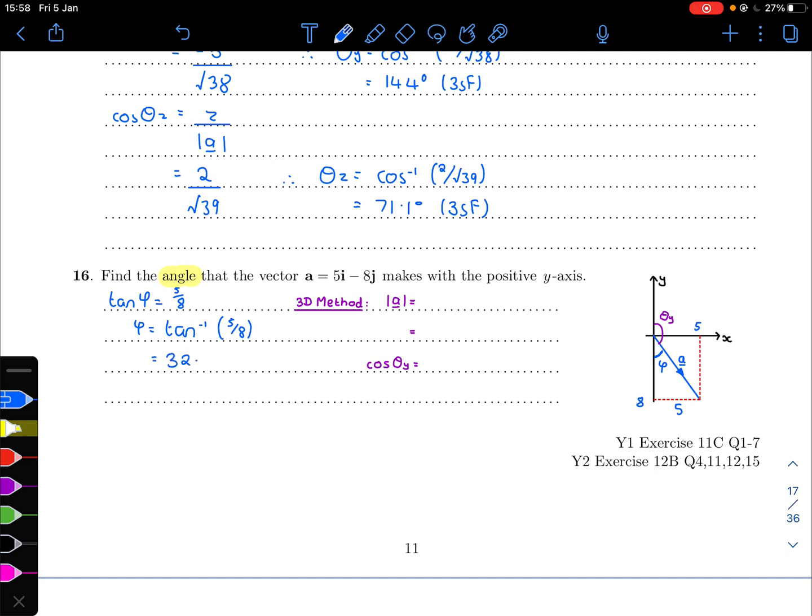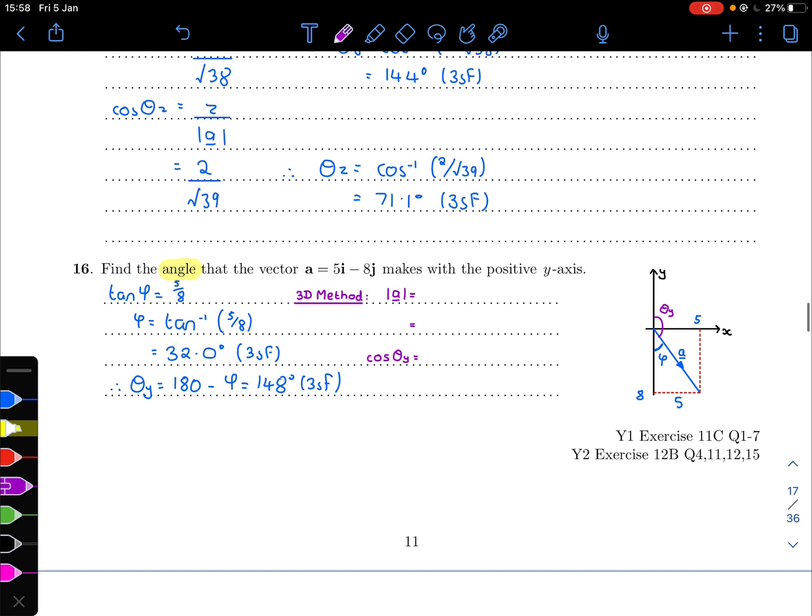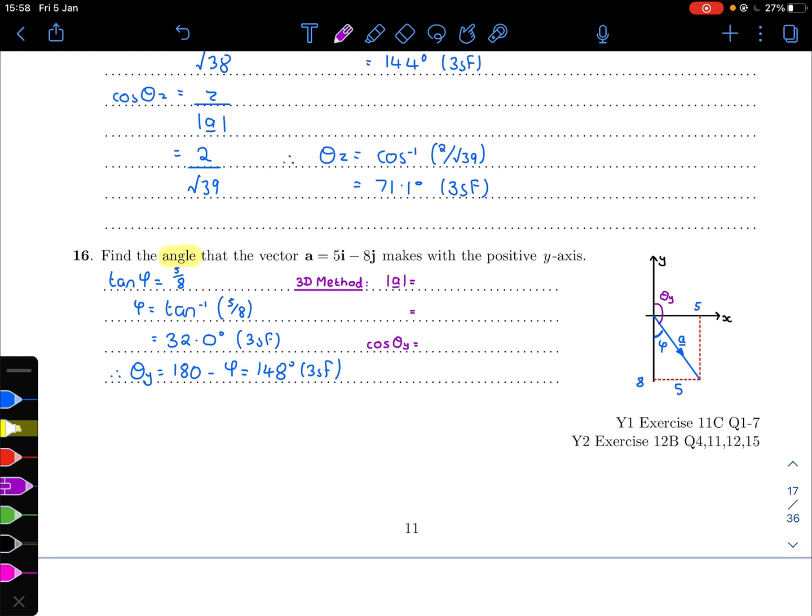To 3 sig fig is 32.0. Subtracting that off 180 gives me 148 degrees. So that's how we did it in the previous video, earlier on in the topic.